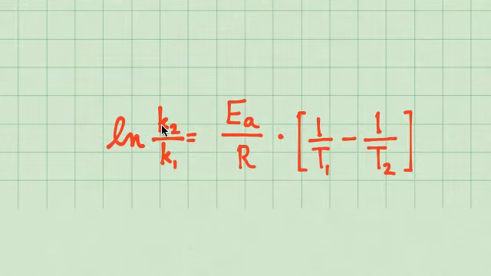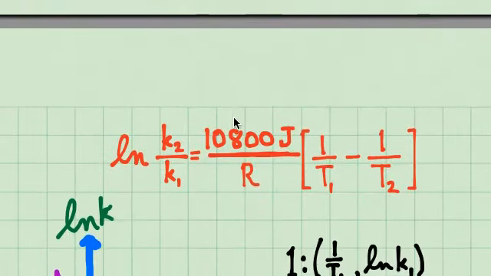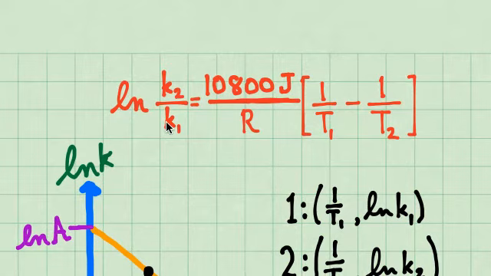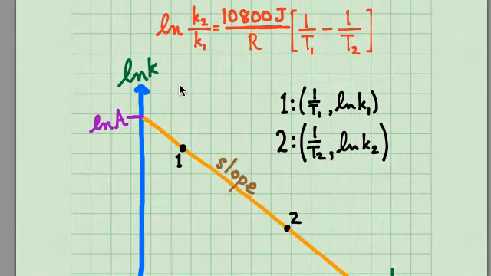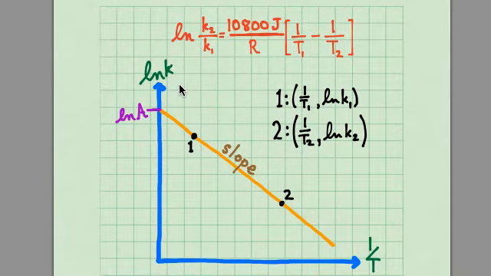But here I have the rate constant 2 and the temperature 2 and the rate constant 1 and the temperature 1 and the activation energy. So if I imagine the activation energy to be this, then if I knew 3 of the other 4 variables, I should be able to pretty easily decide what the other unknown might be.